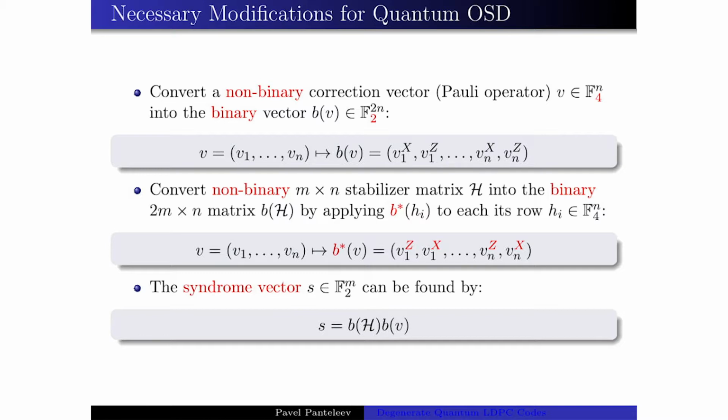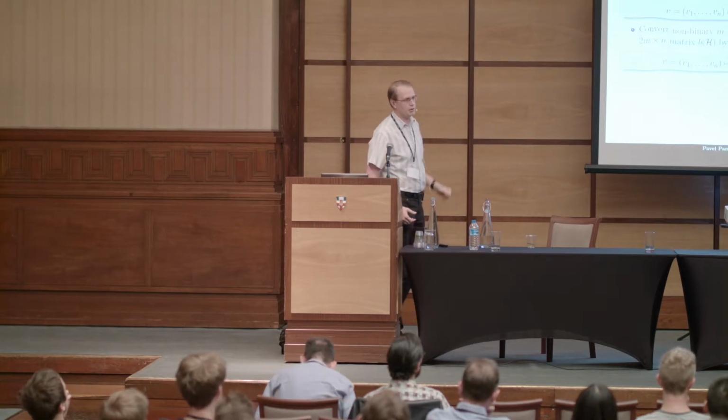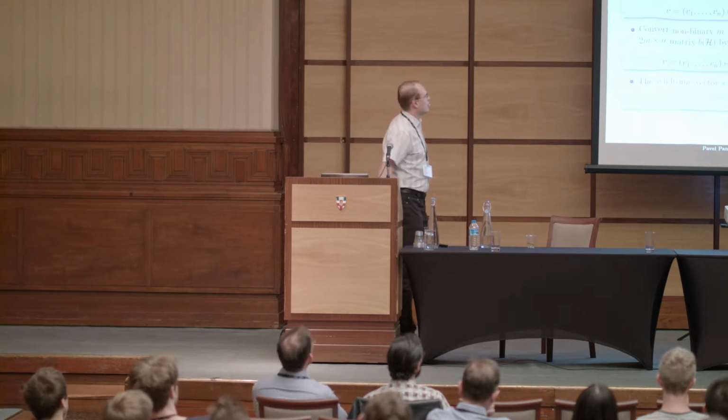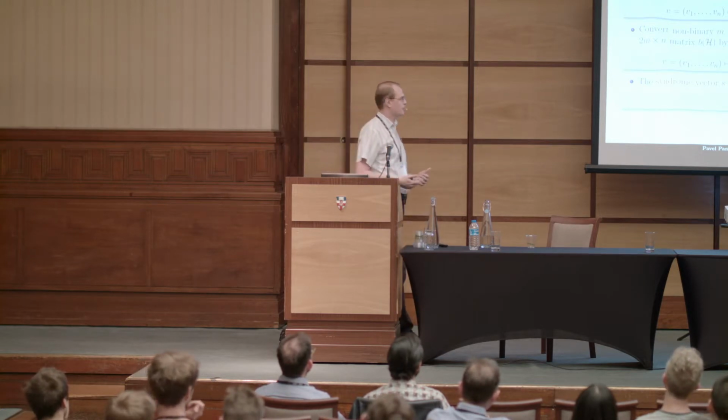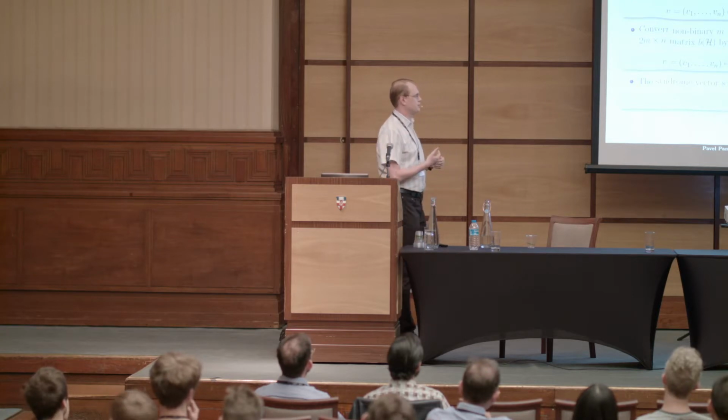And here we apply a quite non-standard approach: we change the order of the X and Z parts. We do that because we want to obtain a syndrome just by multiplication of the binary representation of a Pauli error by the binary representation of the stabilizer matrix. That is the main reason.